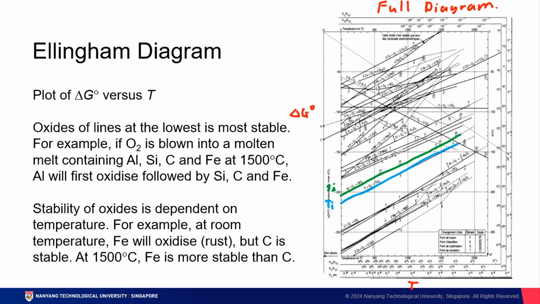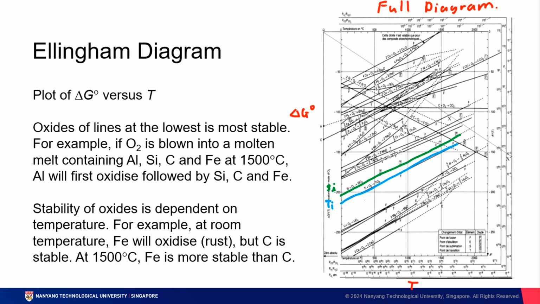Say you are operating a furnace where you wanted to extract pure silicon and all you had was silicon dioxide. Because titanium is more stable than silicon, you could throw some titanium into the mix and it will be able to capture all the oxygen to form titanium dioxide, and its product will be pure silicon.